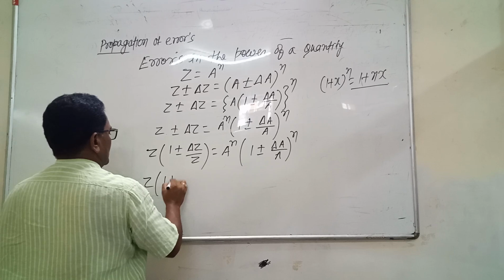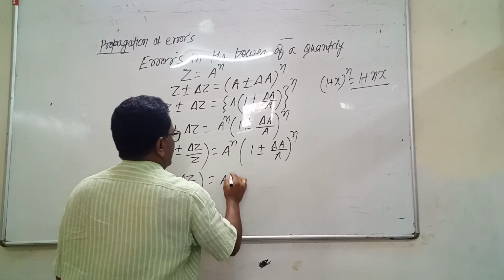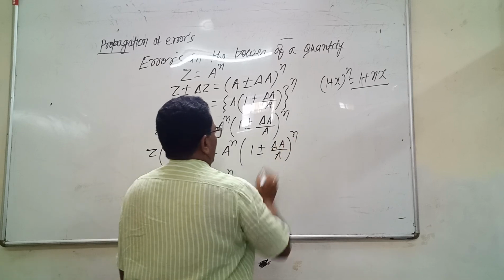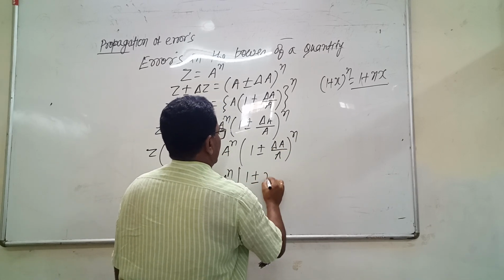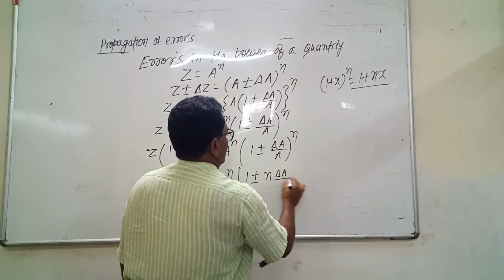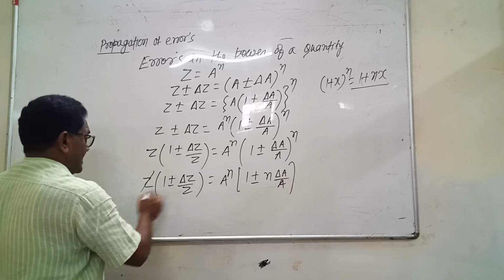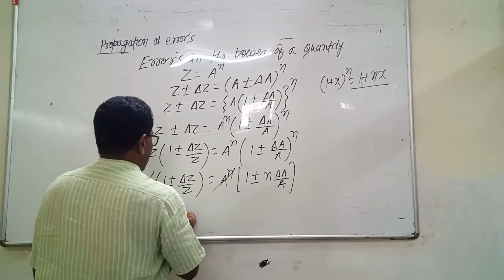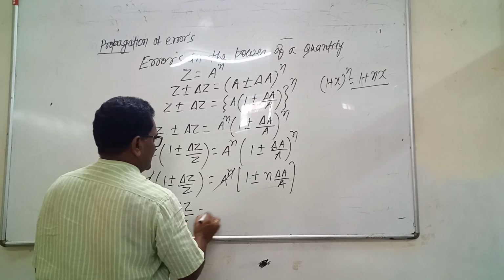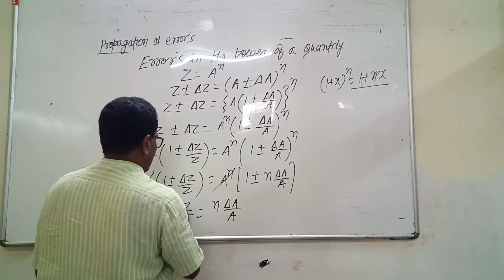So Z times (1 plus minus delta Z by Z) equals a raised to the power n, and this becomes 1 plus minus n times delta a by a. Now Z and a raised to the power n get cancelled, 1 and 1 get cancelled, and it comes delta Z by Z equals n times delta a by a.